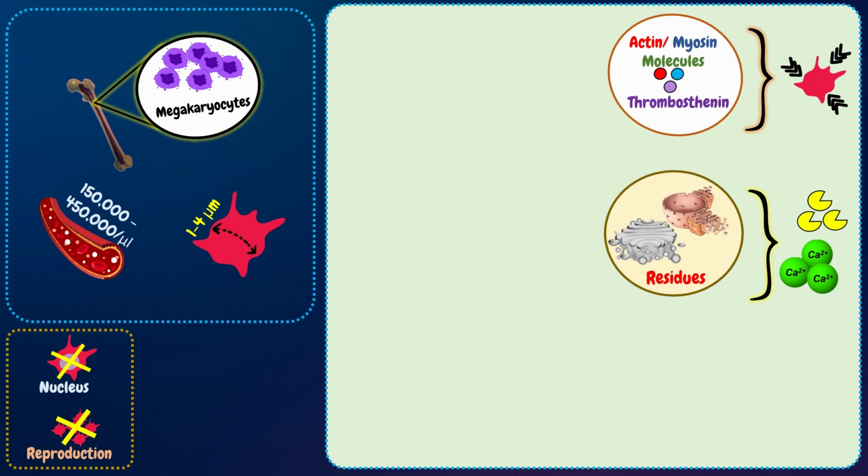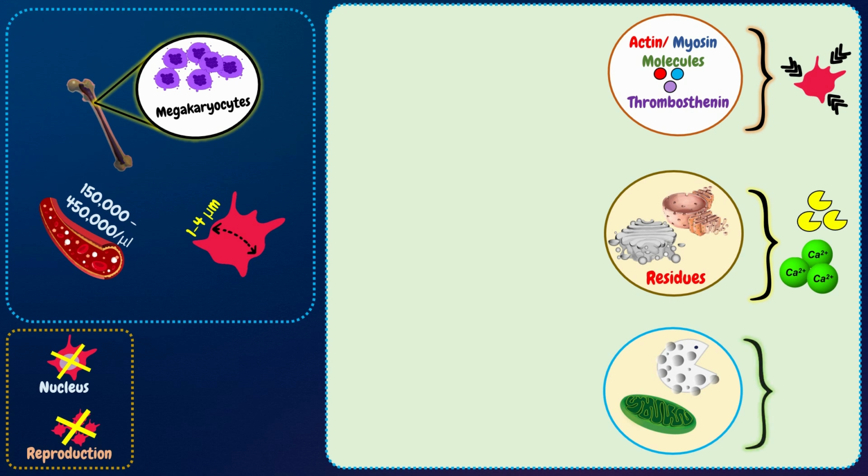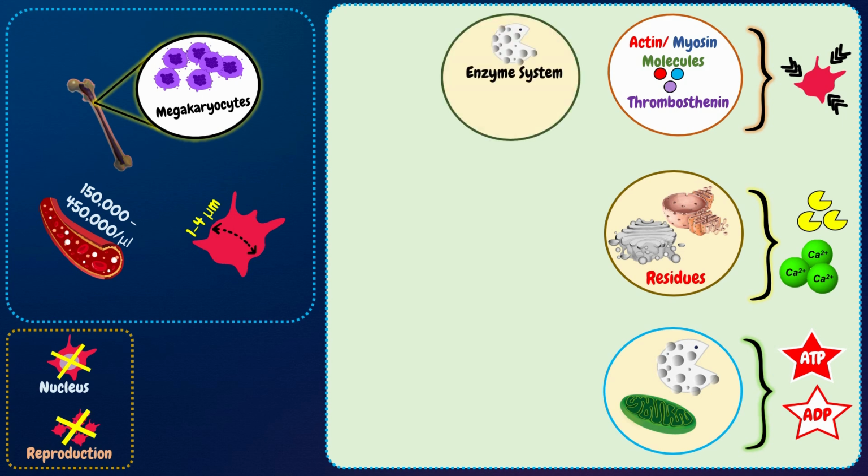In their cytoplasm are also the mitochondria and enzyme systems that are capable of forming adenosine triphosphate, or ATP, and adenosine diphosphate, or ADP. In their cytoplasm are enzyme systems that synthesize prostaglandins, which are local hormones that cause many vascular and other local tissue reactions.